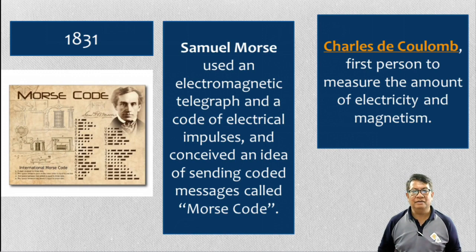And then we have Charles de Coulomb. Charles de Coulomb was the first person to measure the amount of electricity and magnetism. Previously, all those mentioned names were not able to measure the amount of electricity.